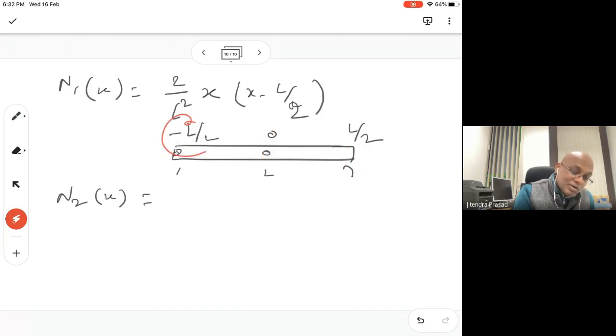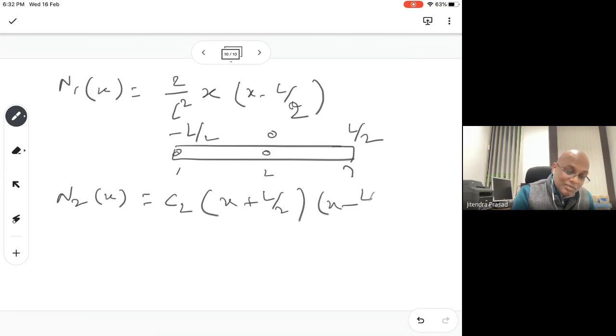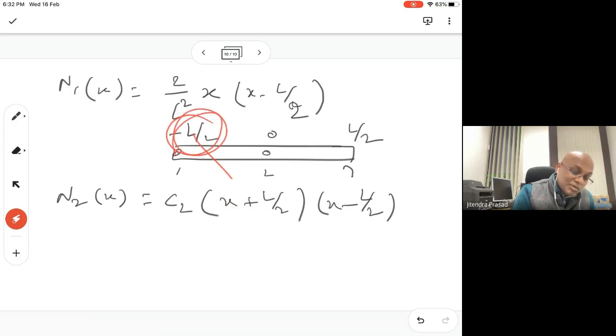So minus L over 2 and plus L over 2 have to be the roots. So let's call it C2 multiplied by x plus L over 2 and x minus L over 2, because this passes through both of them, meaning that it has 0 at both places.